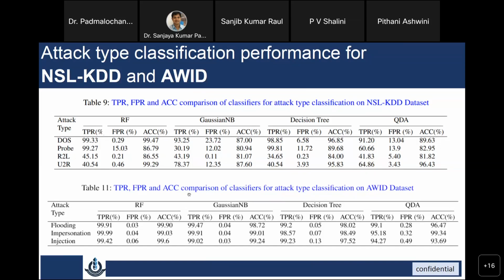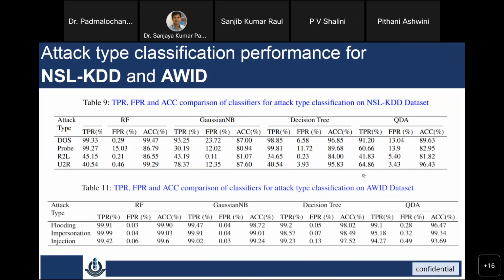Similarly, for the AWID dataset, attacks like flooding, impersonation, and injection are identified with high accuracy, because it is a well-rich dataset with this type of attack.